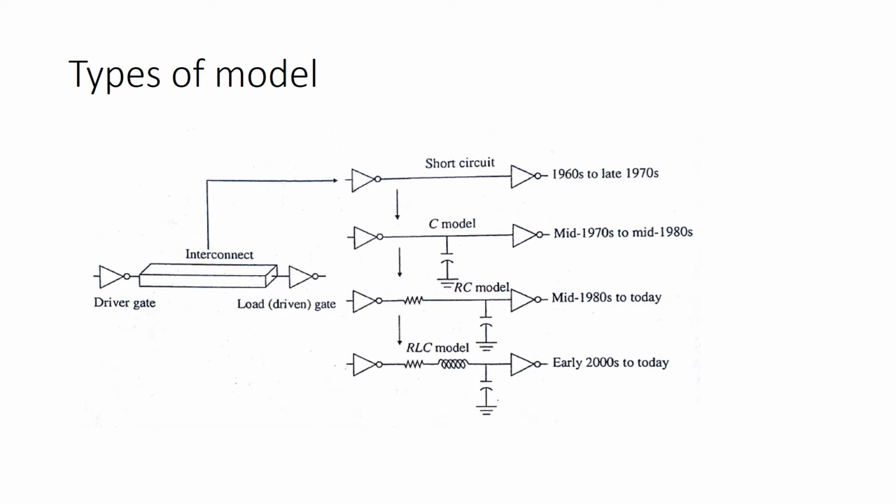Whenever a power supply or any signal is distributed to different blocks, because the wires are made up of metals and have some finite resistivity, the amplitude or voltage of the signal degrades as we move along the interconnect. As a result, the resistive effect also came into the picture. This is a parasitic resistance. So from the mid 1980s onwards, the interconnects were modeled using the RC parasitic model.